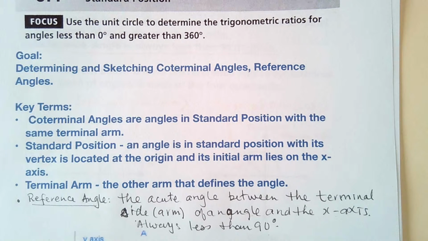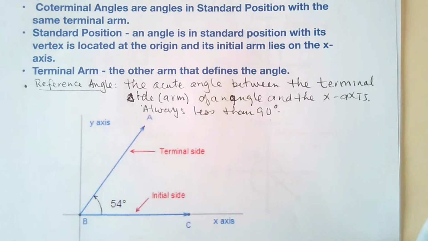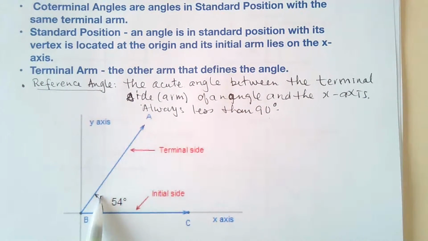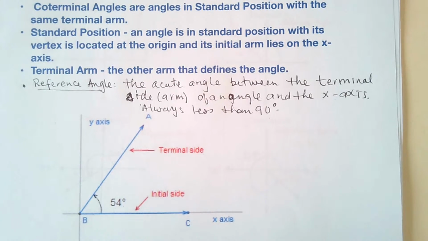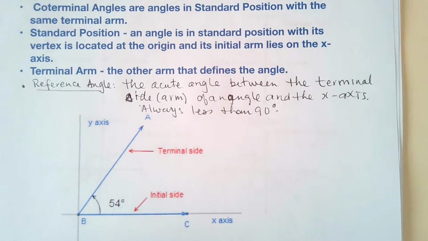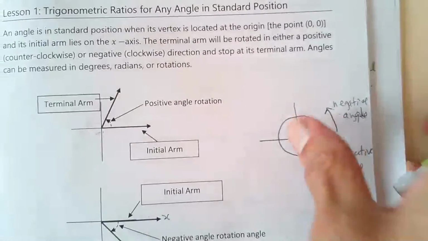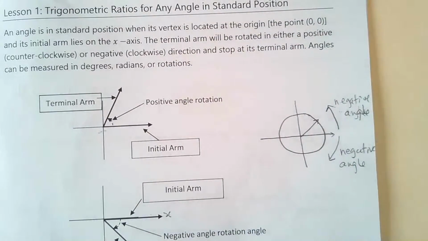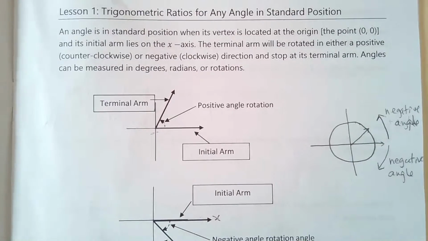Now, here's a diagram. Here we have a standard position angle. Here we have the initial side, the terminal side, and the angle in between, referred to as standard position. In your booklet, you have a nice diagram to illustrate standard position.